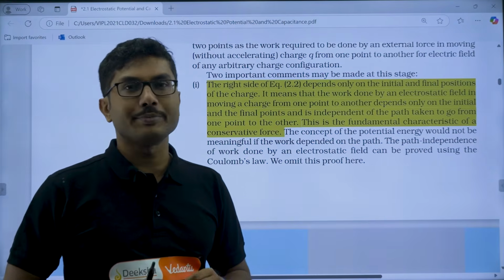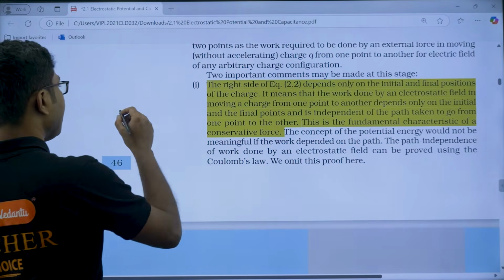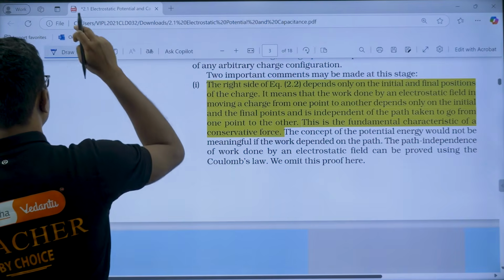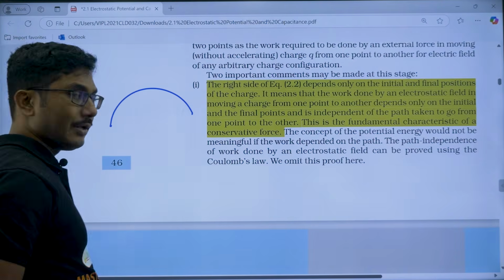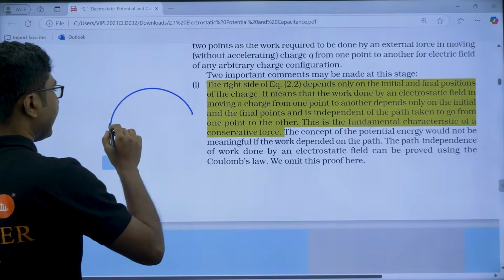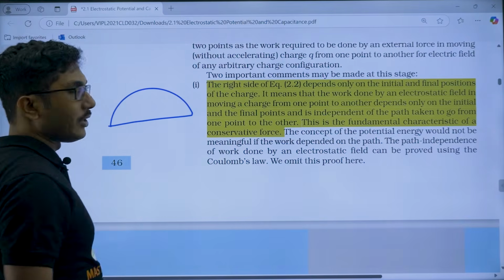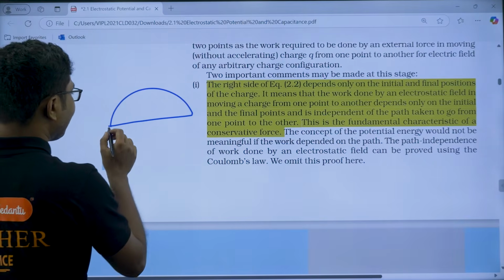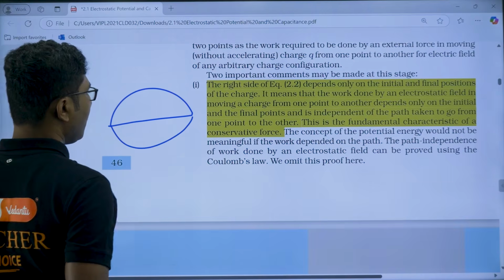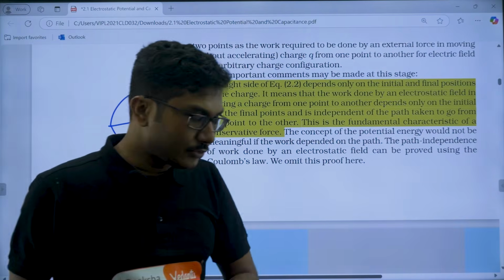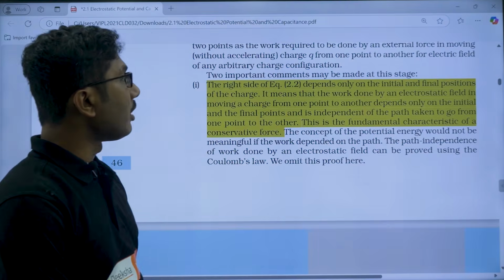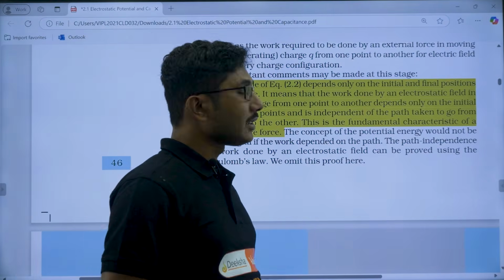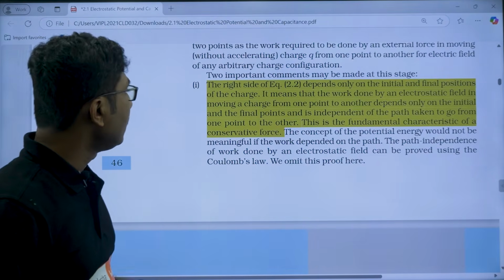Conservative force means if you start from here and take the charge from here to here along this path, and your friend says, I want to take the shortcut, I want to take this route, and I say, okay, let me try this route. The right side of equation 2.2 depends only on the initial and final positions of the charge.